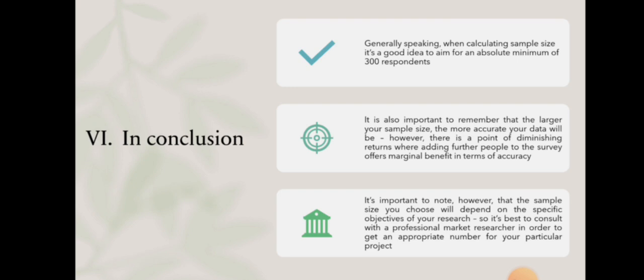It is best to consult with professional researchers and review more literature and research in order to get an appropriate number for particular populations. It will be manageable and timely, and it will be the right sample, free from bias.